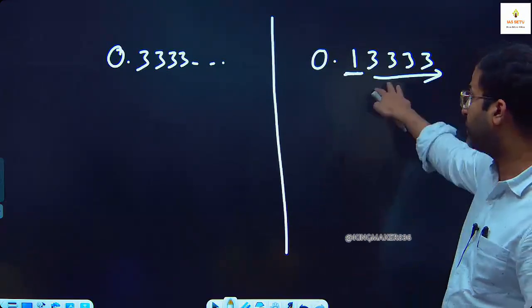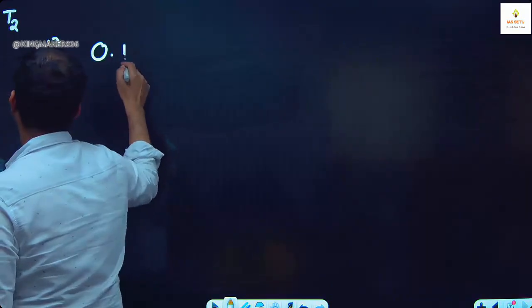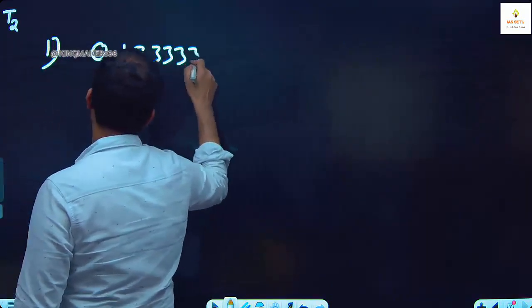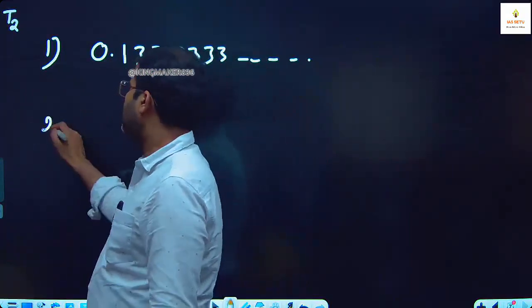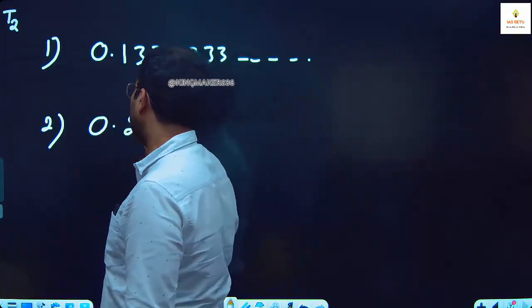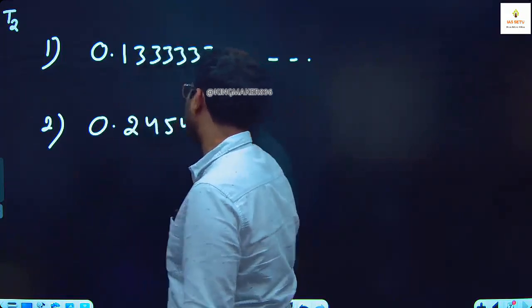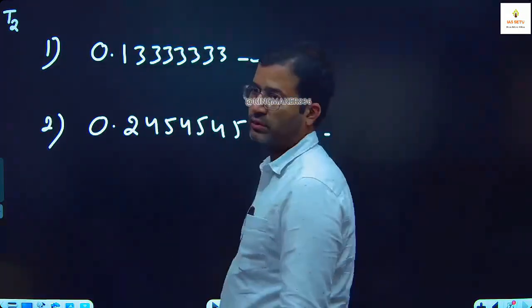Okay, let me take 3 examples here on type 2. You will understand. First example is 0.133333333. Second example is 0.2454545 and so on.